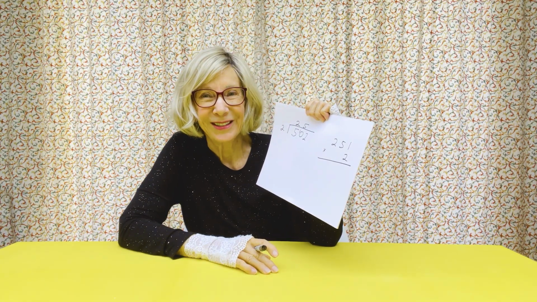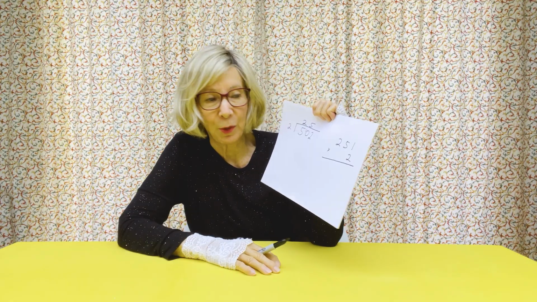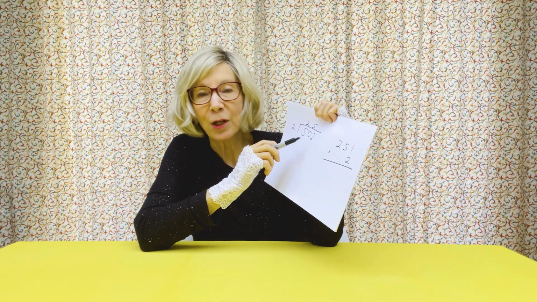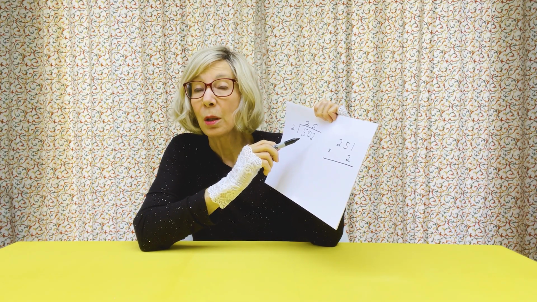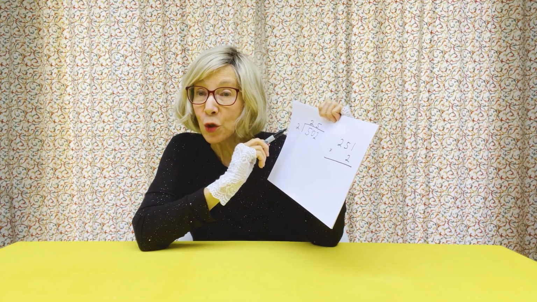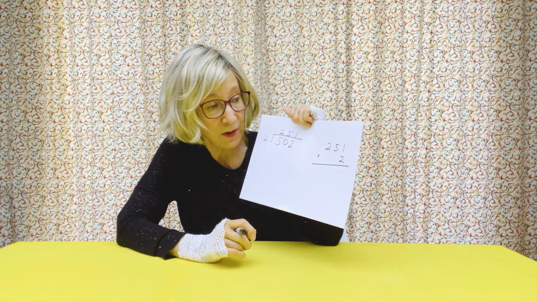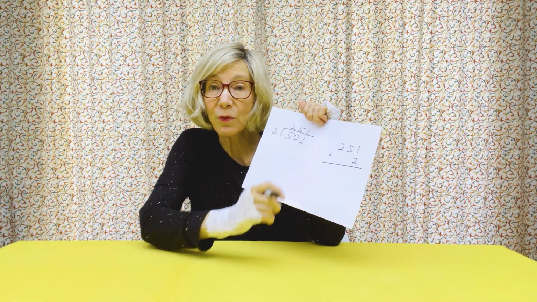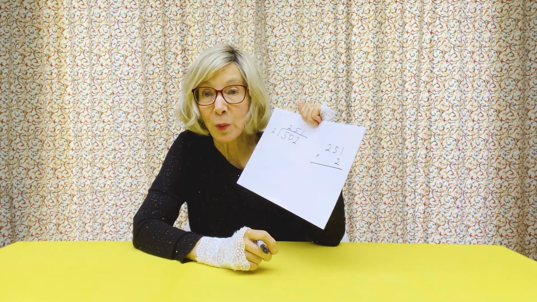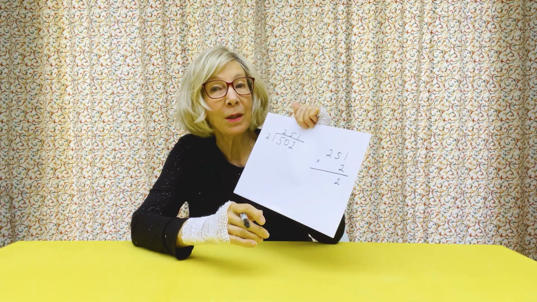Sure. Good. Look what we're left with, something so simple. How many times can you subtract 2 from 2? Or what do you need to multiply 2 by to get 2? 1. So this is the shortcut division. And we can write it over here and do the multiplication. 2 times 1 is 2. 5 times 2 is what? 10.